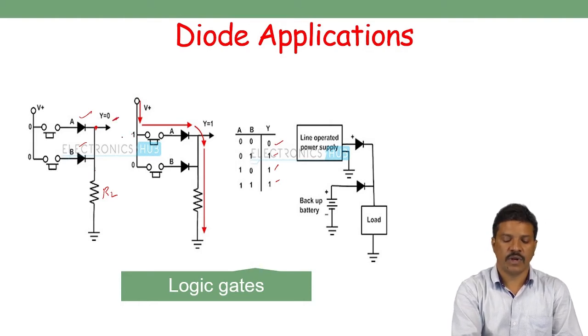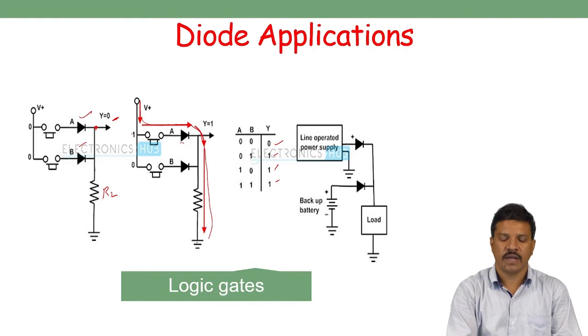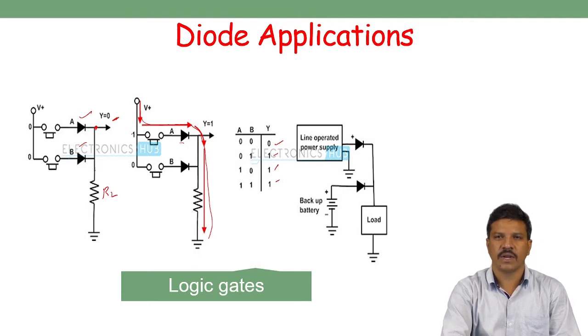Suppose we give 1 to diode A and 0 to diode B. Then diode A is conducting and diode B is open circuit. When diode B is open circuit and diode A is conducting, the current flows from the main power supply through the diode and the load resistor. When current passes through this load resistor, the voltage across the load resistor is converted to logic 1.